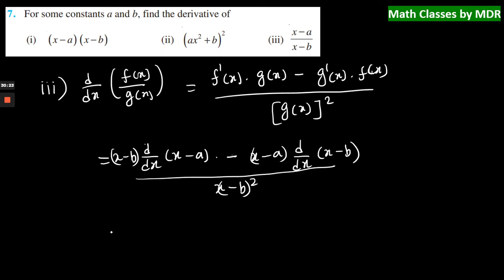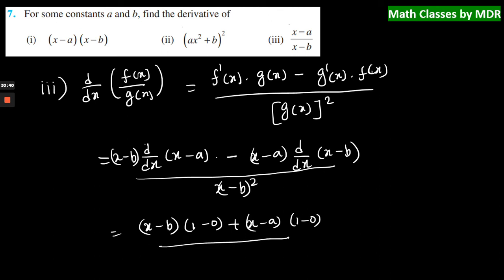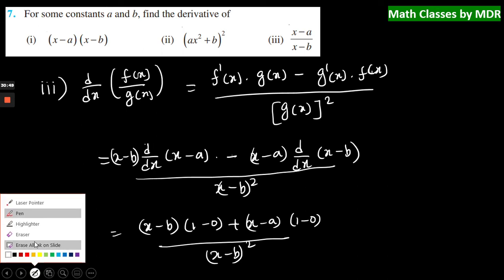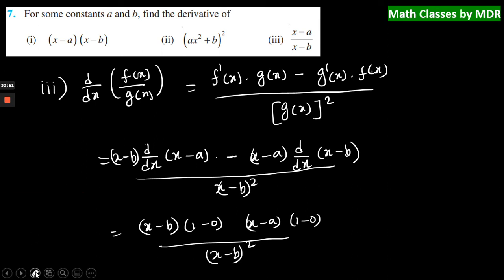Right? So now this is equal to x minus b into, what is d by dx of x minus a? D by dx of x is 1, minus a is 0, and x minus a into d by dx of x minus b, x is 1 minus 0, by x minus b whole square. Right? This is minus, not plus, minus.